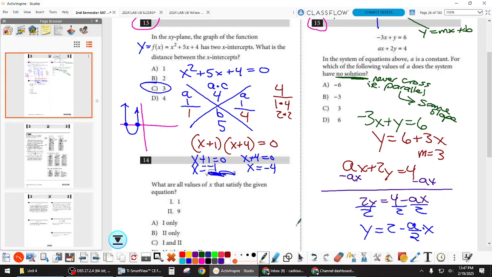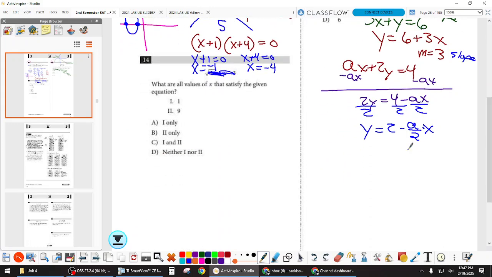Isn't it this? That was the slope of our other one, right? We said same slope, so this has to be this for them to be parallel. So I should write here, slope is negative a over 2.